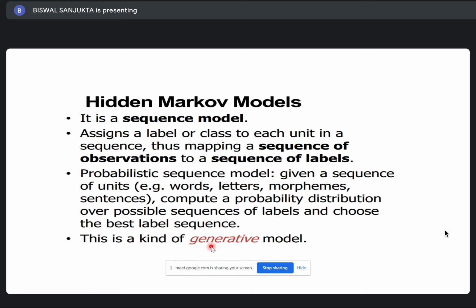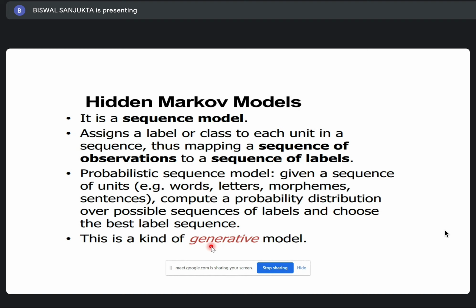If you remember from our machine learning class, we have a posterior probability which is equal to the prior multiplied by the likelihood, right? So probability of a class given a data set is equal to probability of the class multiplied by probability of the data set given the class.